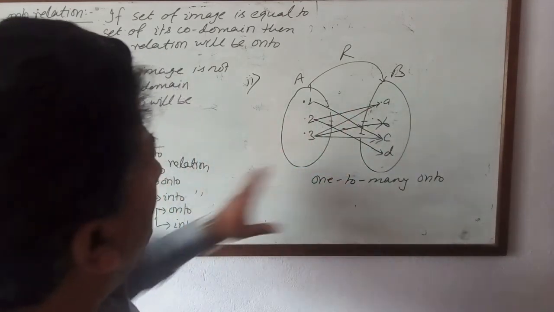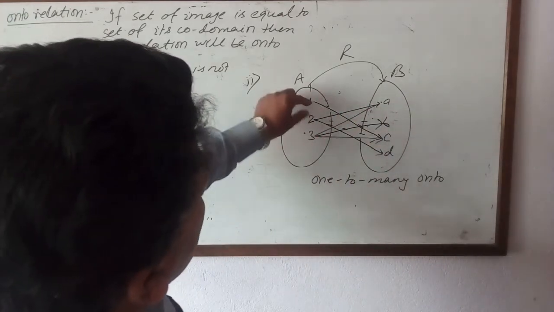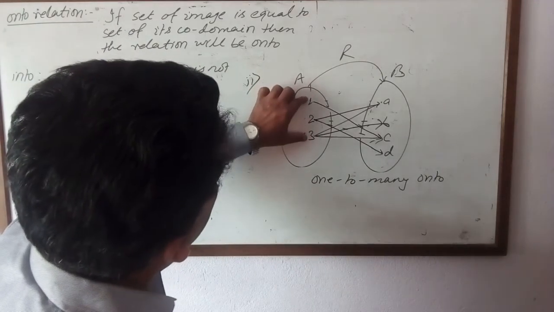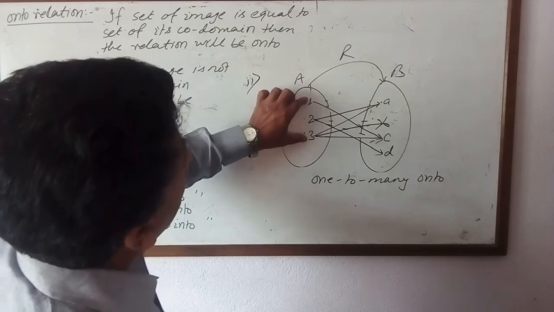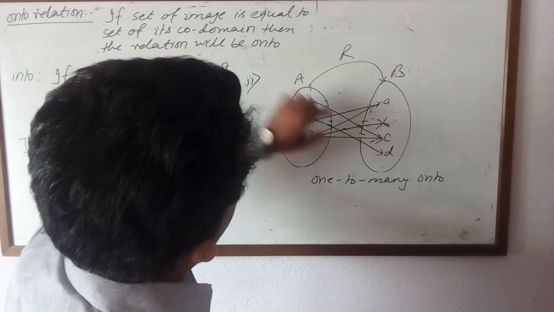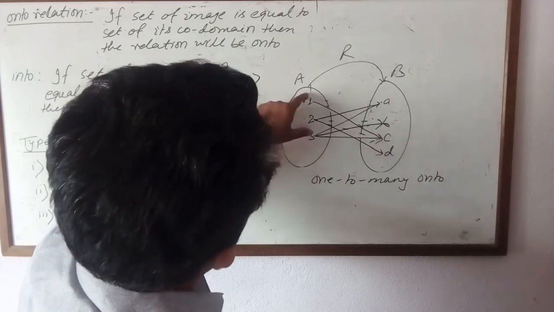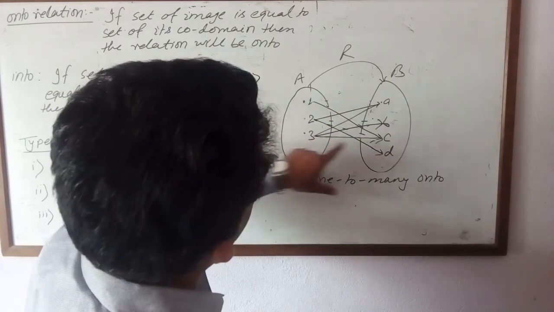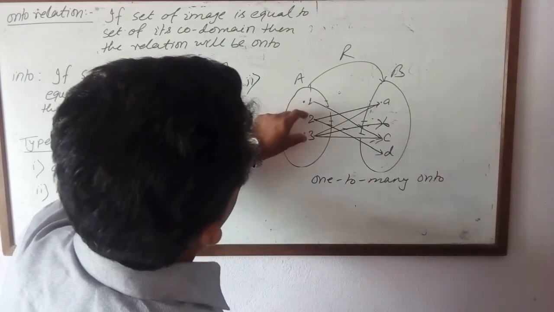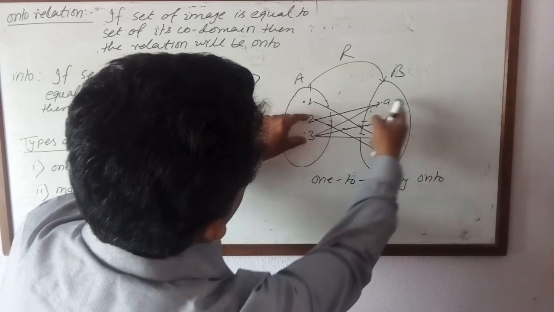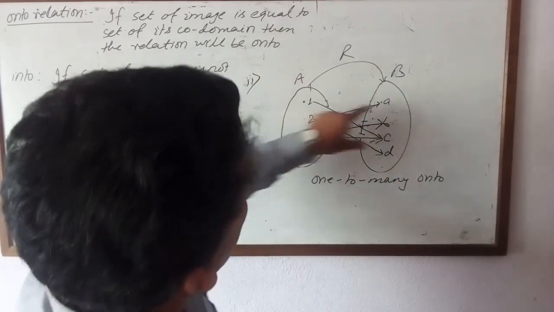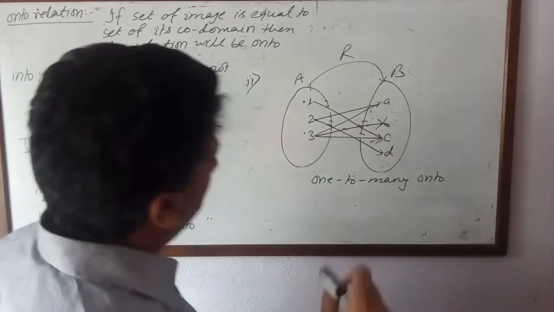Both types of relation we can find here. In this condition, many to 1: 1 has image C, 3 also has image C. That's 1 and 3, many to 1, or you can take 2 and 3 also. 2 has image A, 3 also has image A. 2 and 3. Many to 1 here, and 1 to many also.